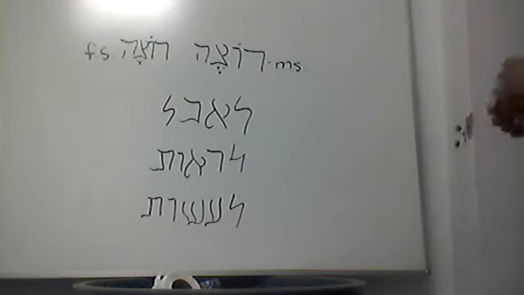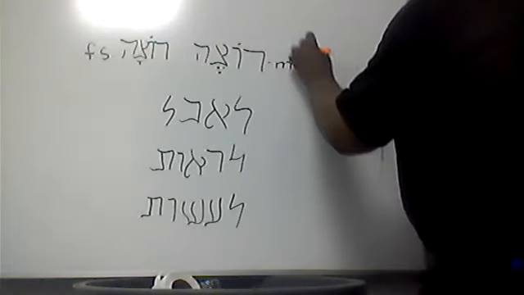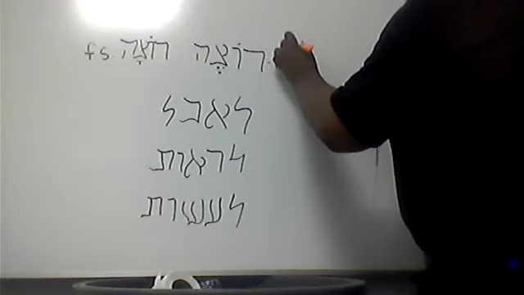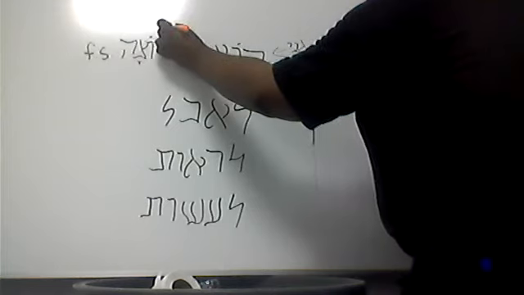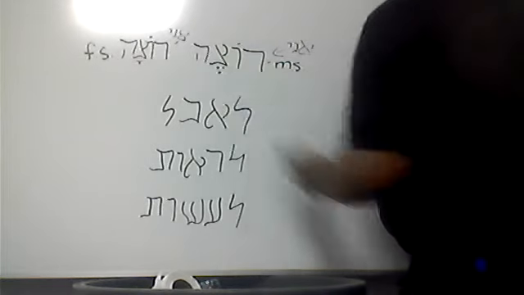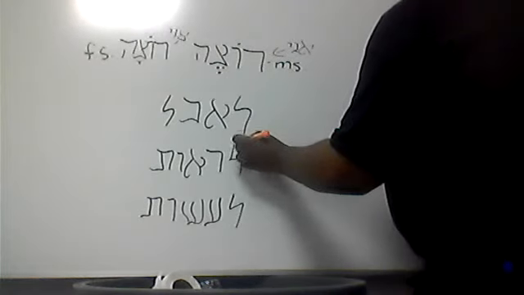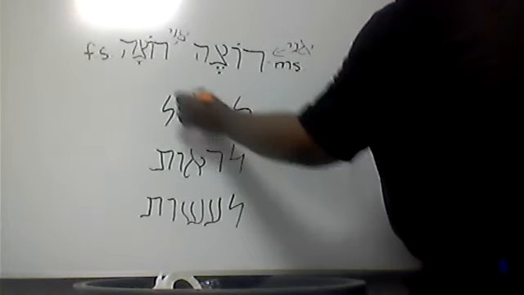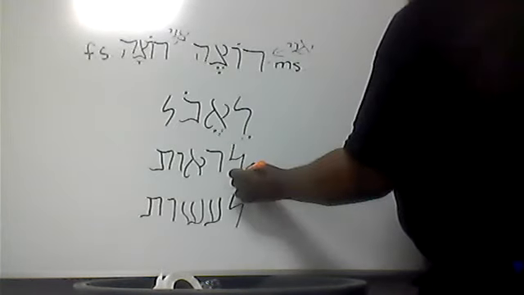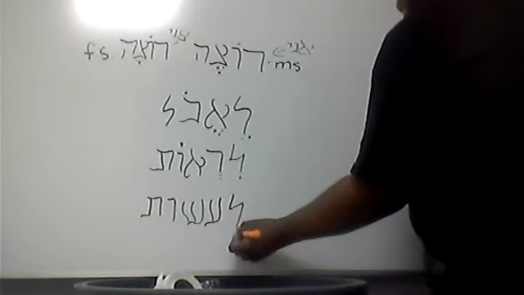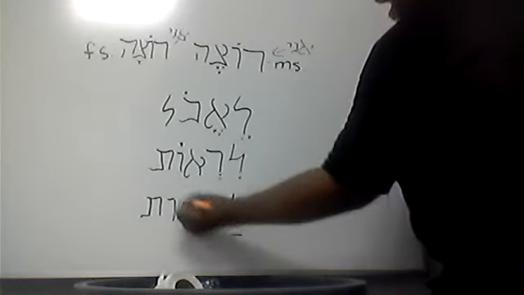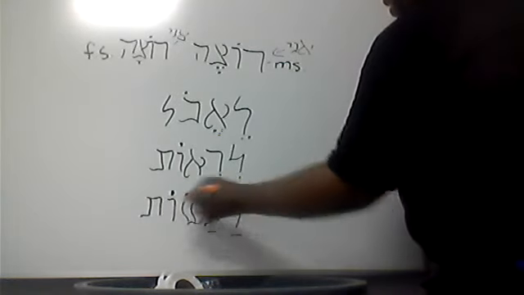Let's deal with these three and close out. Okay? We already going to say that ani is already here. You have le'ekol, lir'ot, la'asot.